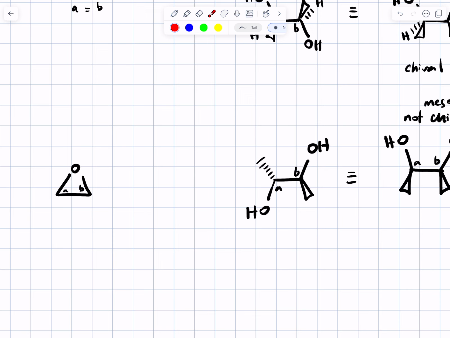It doesn't matter. Pick one of them. I picked the one on top. All right, I picked the OH on carbon B to be the one that was in the epoxide. I'll just use highlighting to indicate, we'll use green for the leaving group, and then we'll use blue for the hydroxide.